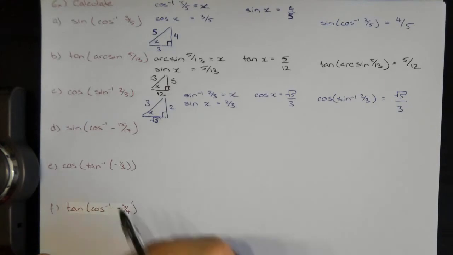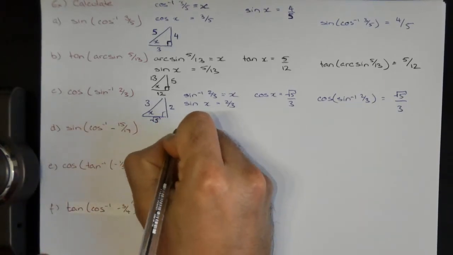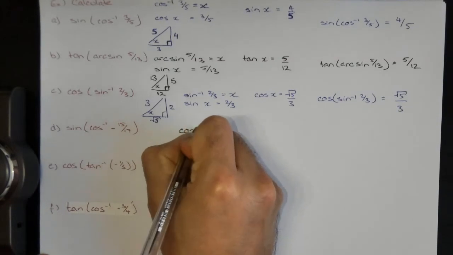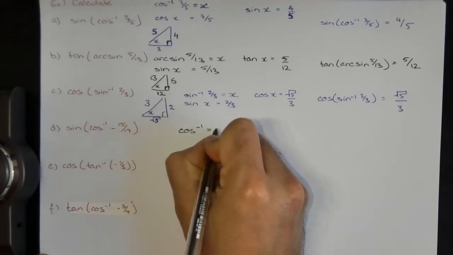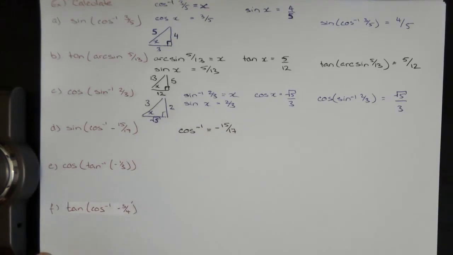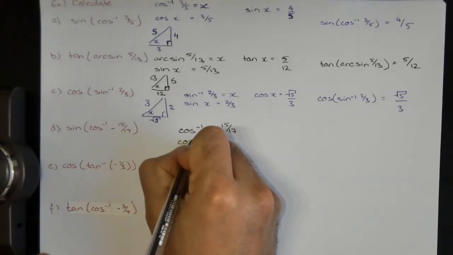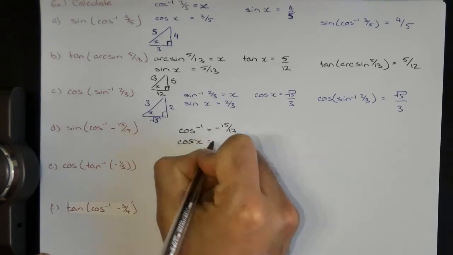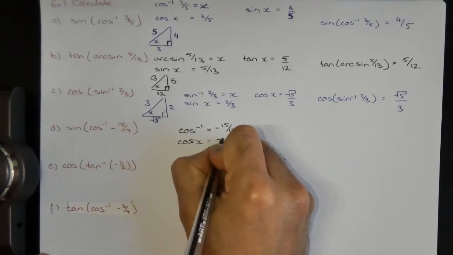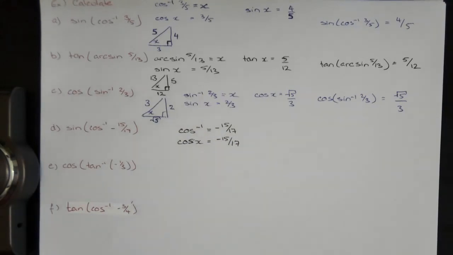Once again, inside part first: inverse cos of negative 15 over 17, so cos of x equals negative 15 over 17.